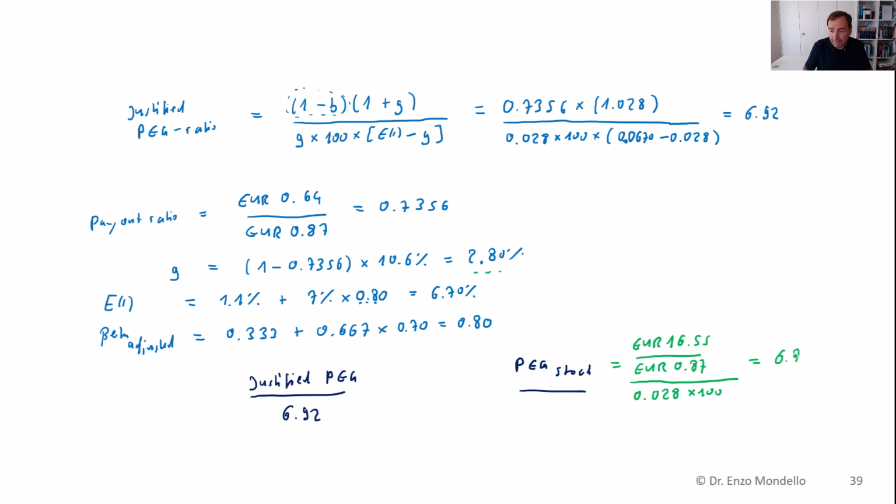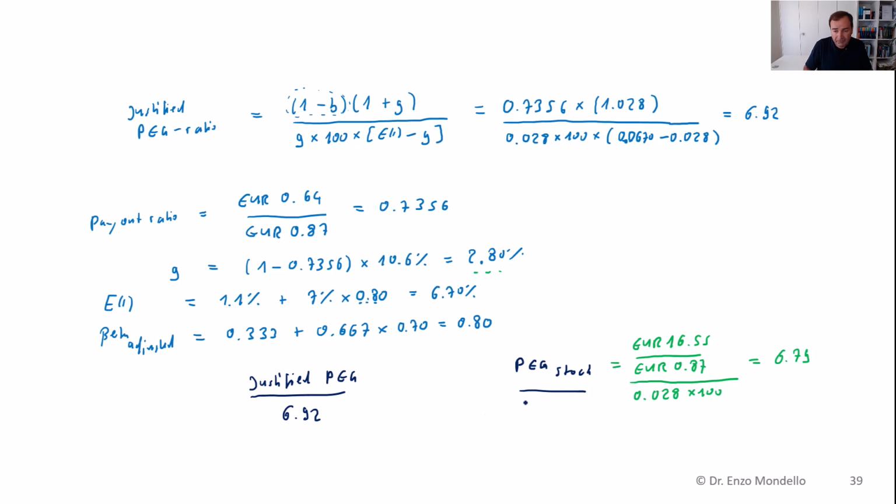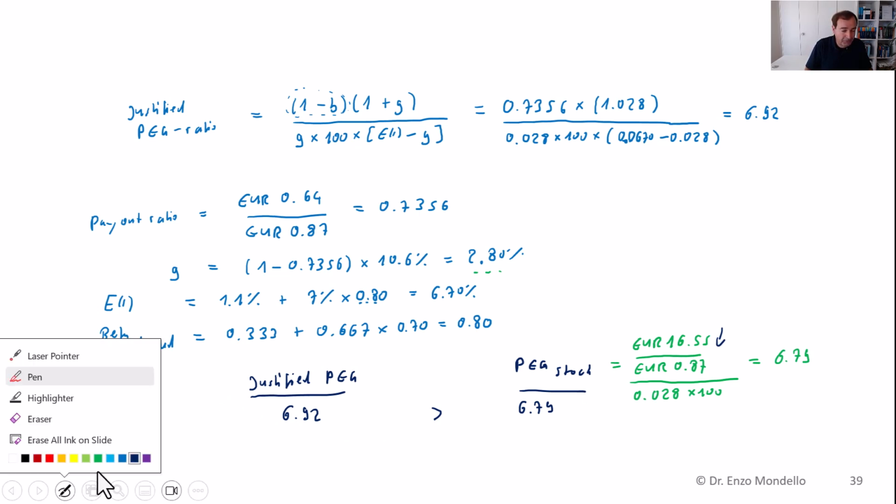If you're entering the figures in your calculator, you should obtain for the PEG ratio 6.79. Now we can compare the PEG ratio of the stock in the market of 6.79 with the justified PEG ratio, which is 6.92, and we see that the justified PEG ratio is higher than the PEG ratio of the stock in the market, indicating that the stock price is too low and therefore the stock appears to be undervalued.